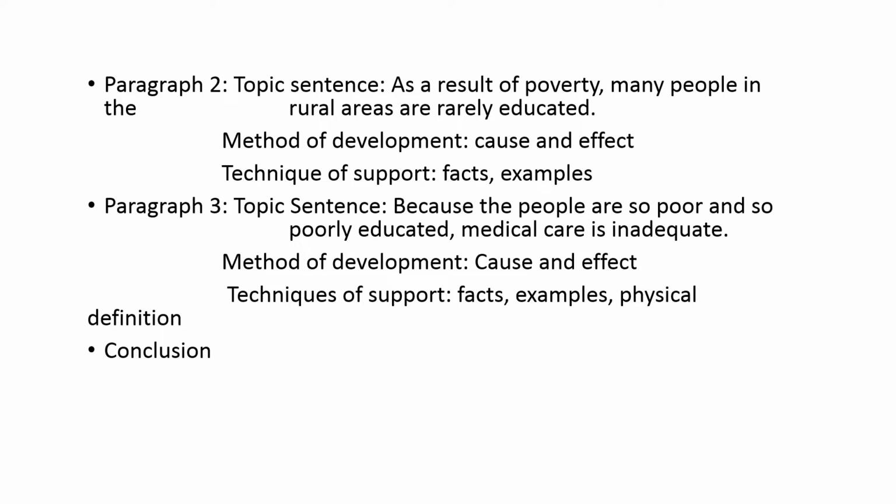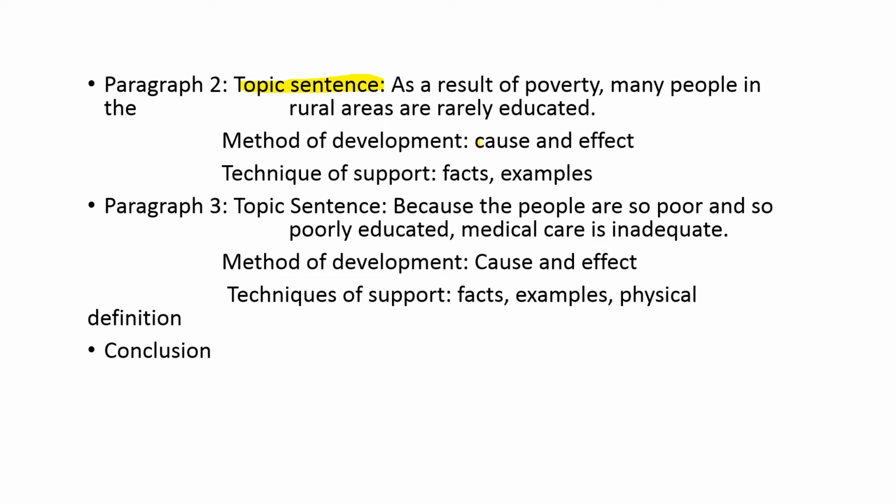Now let's go to the second body paragraph in our example. The topic sentence in the second body paragraph, you know that it was about the lack of education. So this is the topic sentence: as a result of poverty, many people in rural areas are rarely educated.